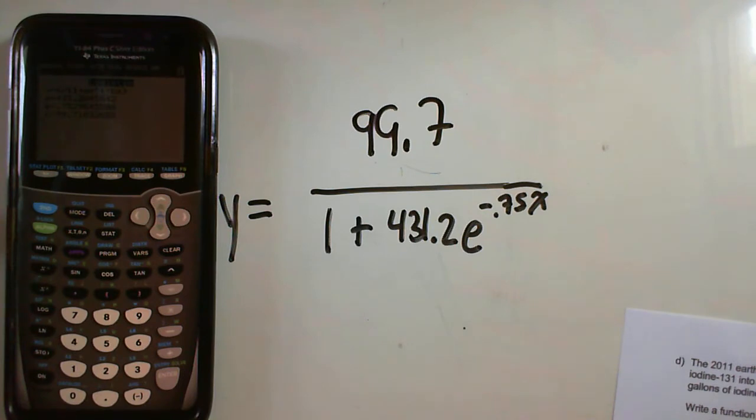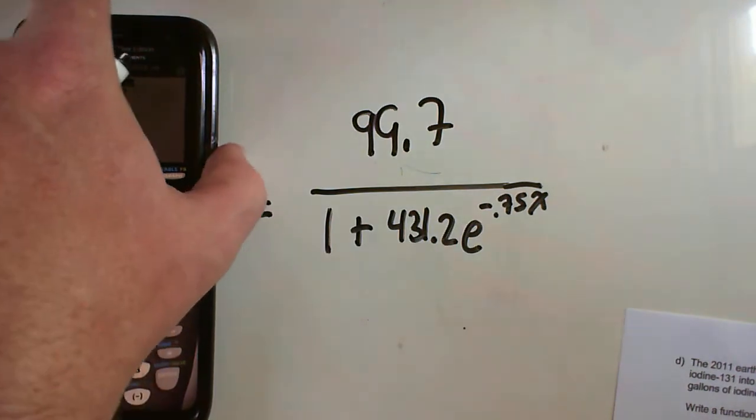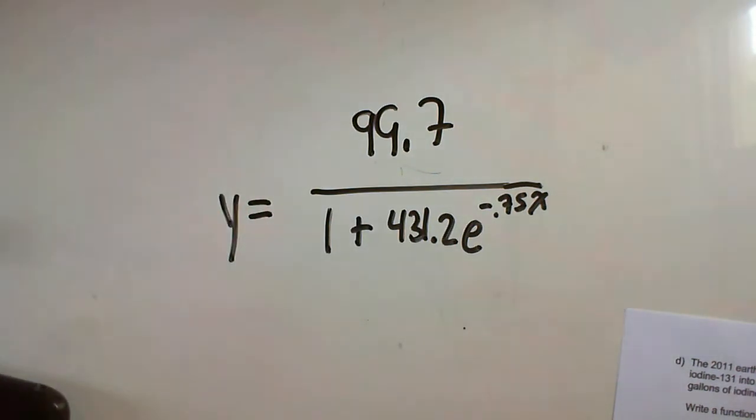So this part of the denominator is going to 0 as x gets bigger and bigger. So as x approaches infinity, this part will go to 0, which means the denominator goes to 1. And so the 99.7 is the value that this thing will eventually approach. So over the long term, this will slowly but surely become close to 99.7, which is just under 100.